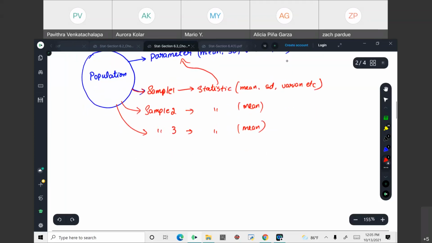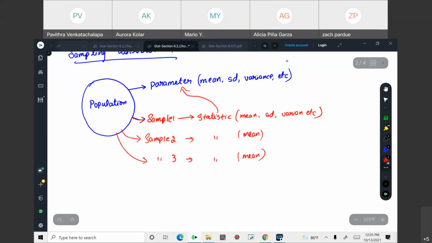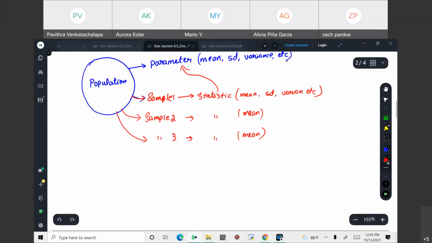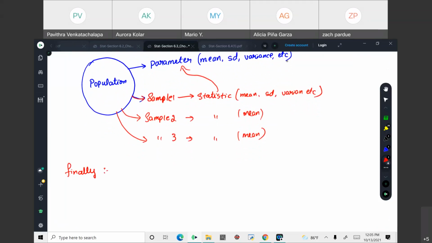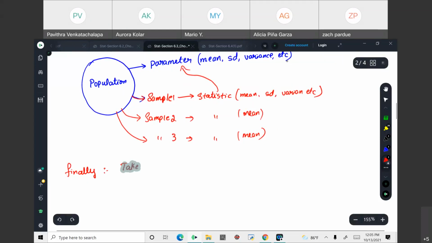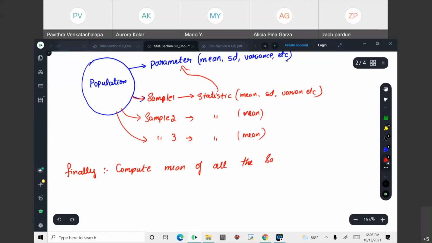If you keep on taking samples and calculating the mean of each sample, finally we compute the mean of all the sample means.